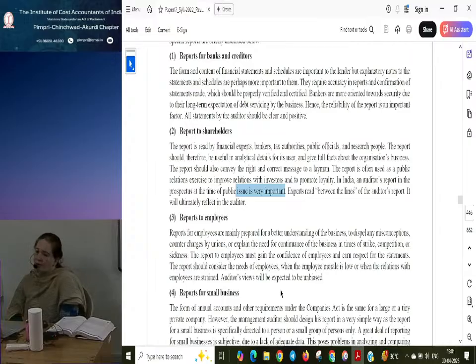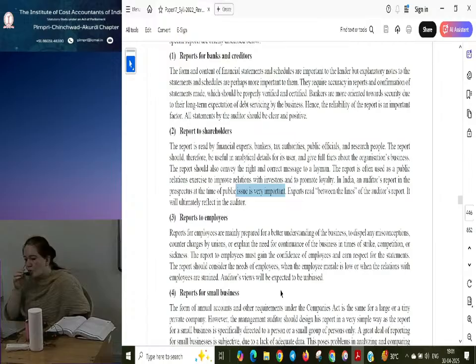It will try to avoid strikes. Will there be any labor strikes? Is there any competition or competitors for this? So how should the report to employees be? They should gain confidence in the company for which they are contributing. So the report should be unbiased. Whatever the truth, whatever the condition of that particular company, should be properly reported.